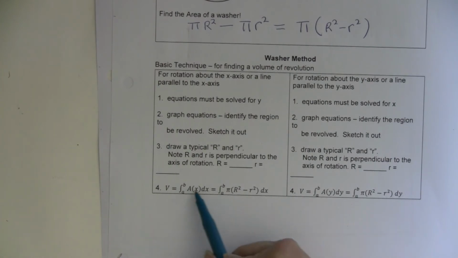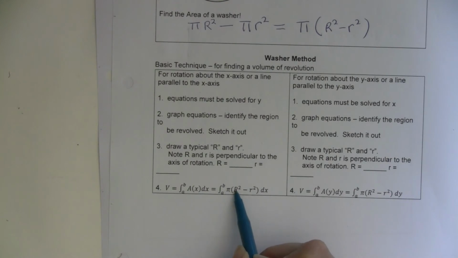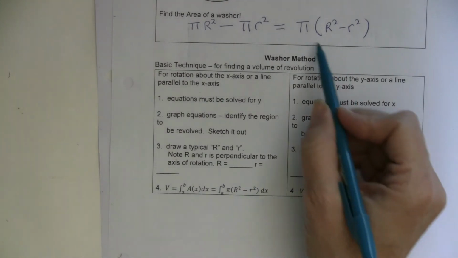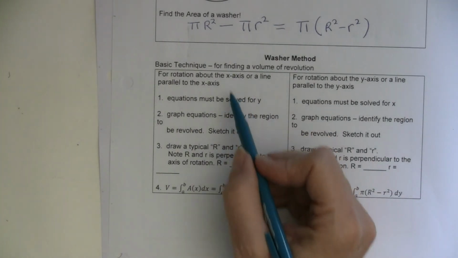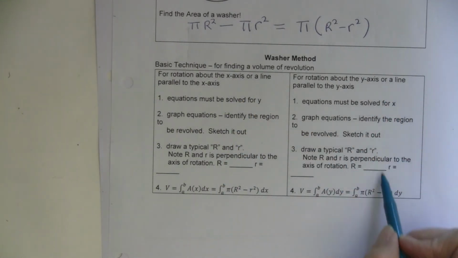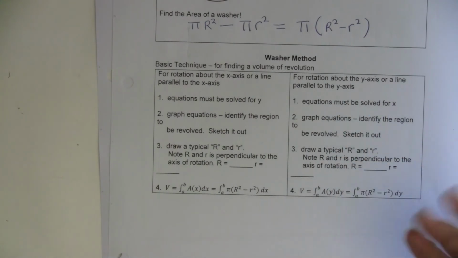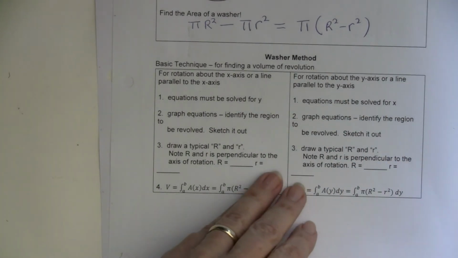And then my formula for my volume will be the area, which is pi times the big radius squared minus the little radius squared, just what we got here. And then dx when you're going around the x-axis, and dy when you're going around the y-axis, but everything else the same, or parallel to the y-axis or parallel to the x-axis.